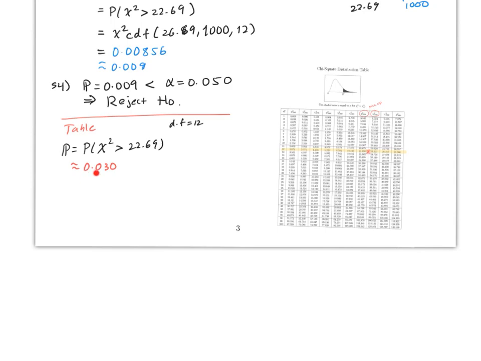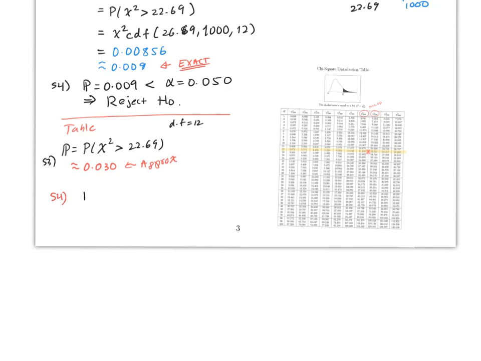Notice how this is very different than this, because this is the exact solution. Well, exact is an extreme word, but exact. And this one is the approximation from the table.